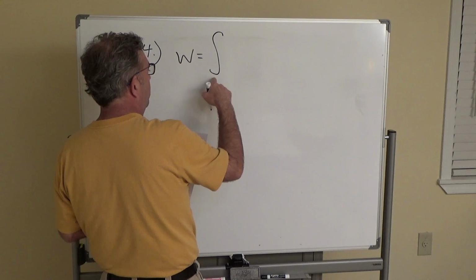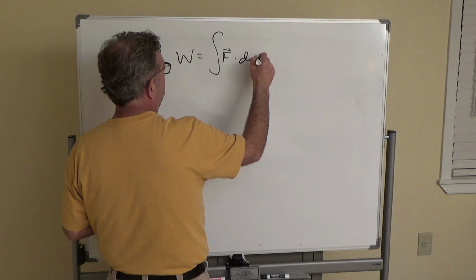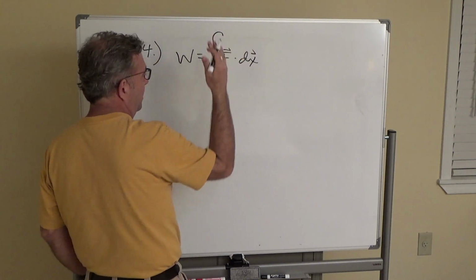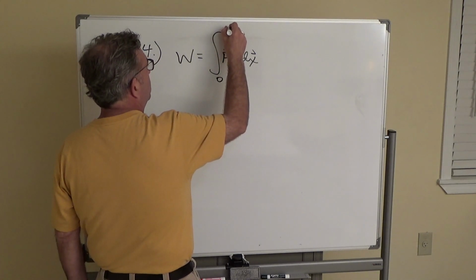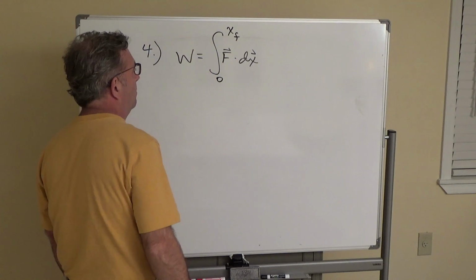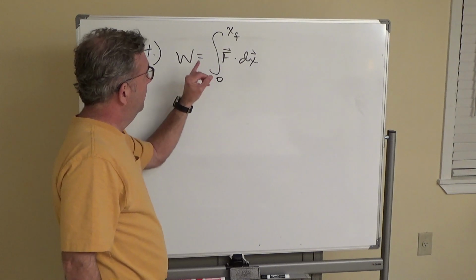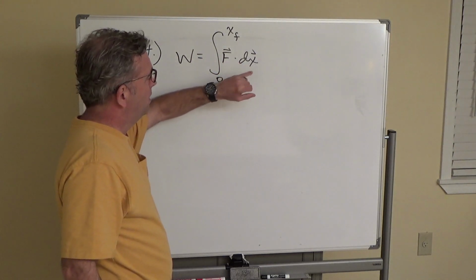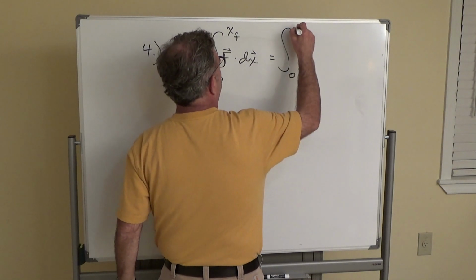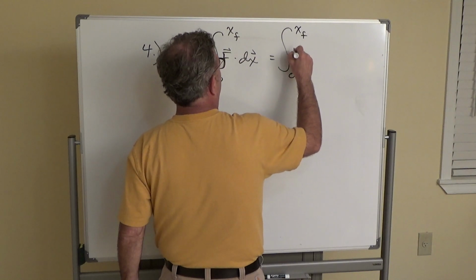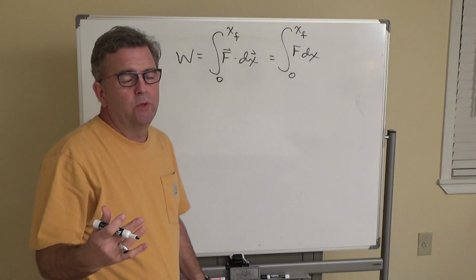Well, it's the integral of F dot dx, or make it a little vector, from 0 up to x final. The angle between F and this little displacement vector is 0. Cosine 0 is 1, so this is just equal to the integral from 0 up to x final of F dx. And it's a force through a distance.